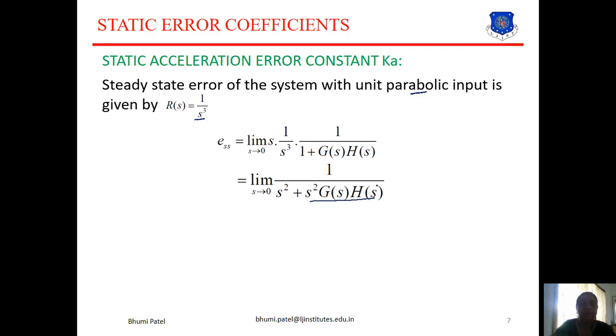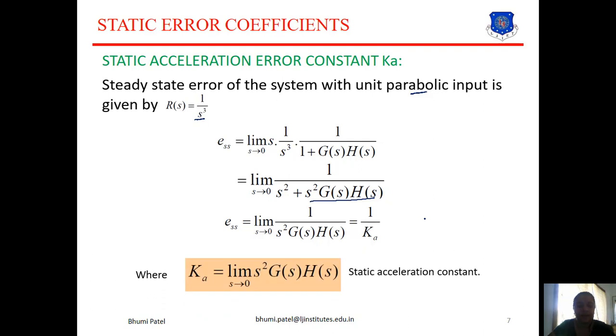So it is the static acceleration error constant equation. So ess is equal to limit s tends to 0, 1 upon s square g(s) into h(s) is equal to 1 by Ka, and we get Ka is equal to limit s tends to 0, s square g(s) h(s). So this is the static acceleration constant.